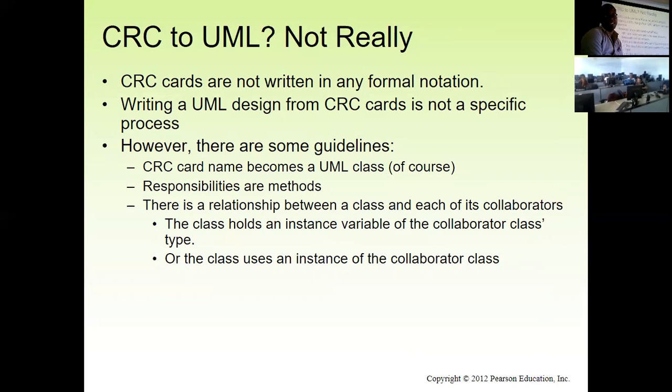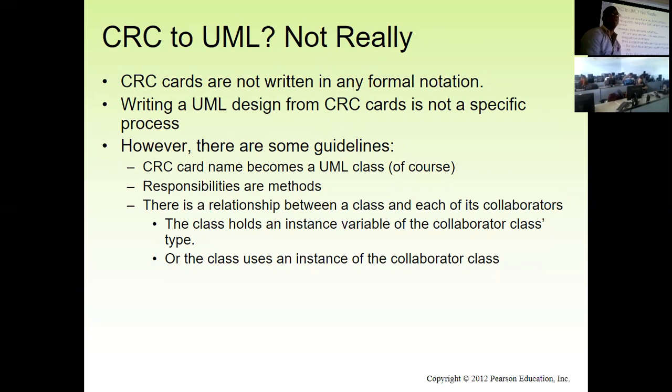Now, you will however see that the CRC card name becomes a UML class, for example. Responsibilities tend to become methods, right? And there's a relationship between a class and each of its collaborators. So the class holds an instance variable of the collaborator class type, right? Or the class uses an instance of the collaborator class. So there are some things that benefit significantly from doing CRC.